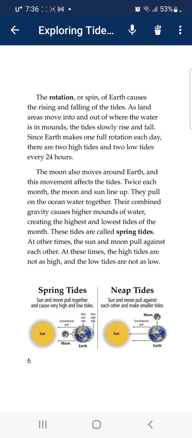Their combined gravity causes higher amounts of water, creating the highest and lowest tides of the month. These tides are called spring tides. At other times, the sun and moon pull against each other. At these times, the high tides are not as high, and the low tides are not as low.